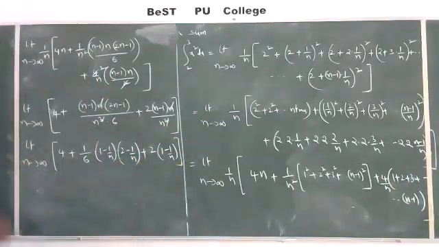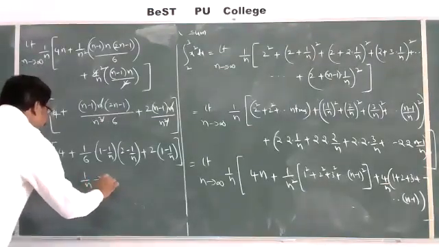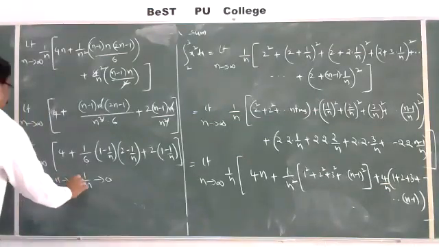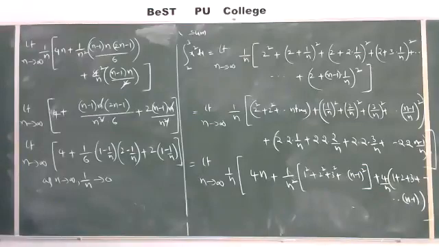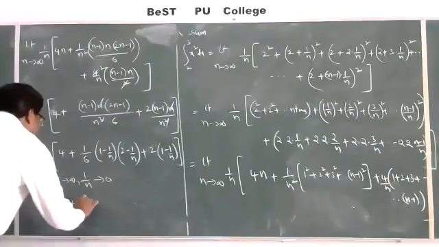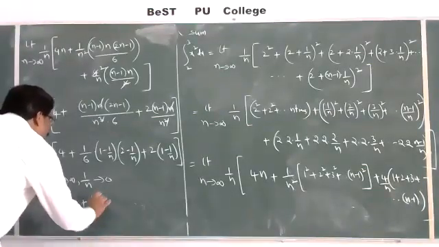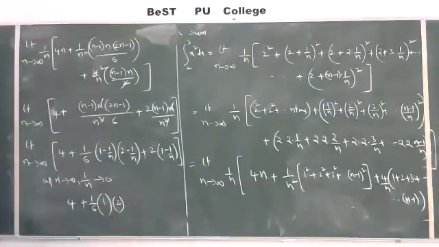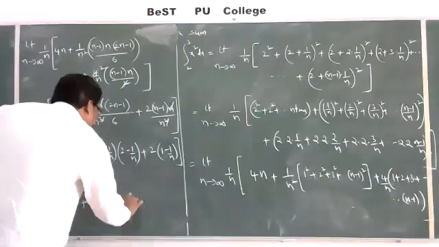Here you know, as n tends to infinity, 1 by n tends to 0. Then substitute, apply the limit: 4 plus 1 by 6 into bracket 1 into bracket 2, plus 2.